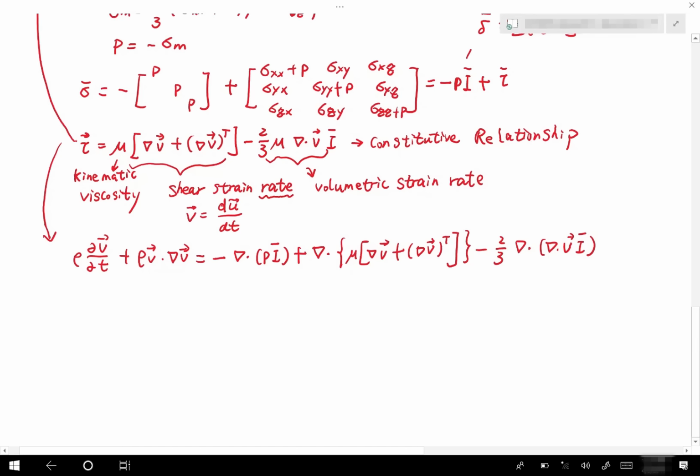This is the equation that we can get by substituting the constitutive relationship into the momentum conservation equation, and we can continue to simplify this equation. Oh, you mean here F is missing?